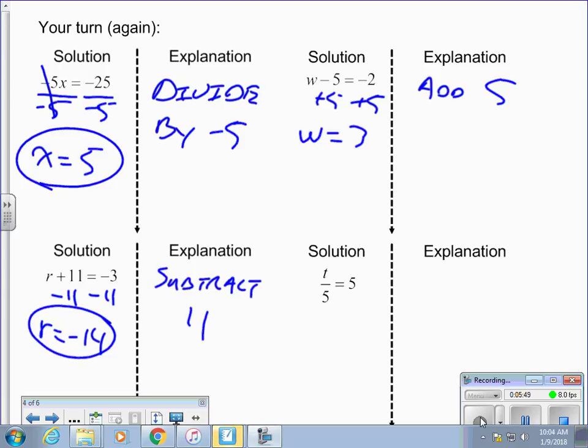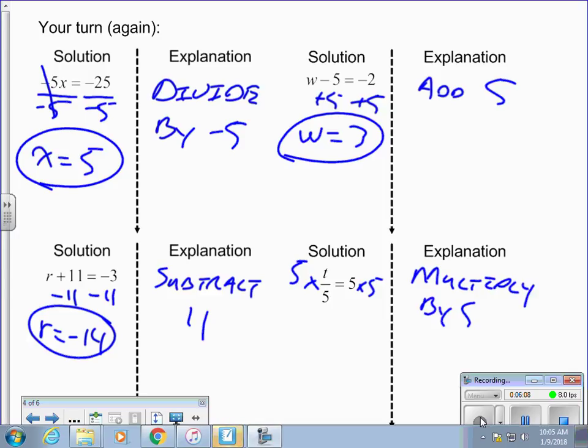Sometimes I even have to stop and think. I haven't had enough coffee yet today. What do I do to solve this one? Multiply both sides by 5. Times 5, times 5. Those cancel. T equals 25.